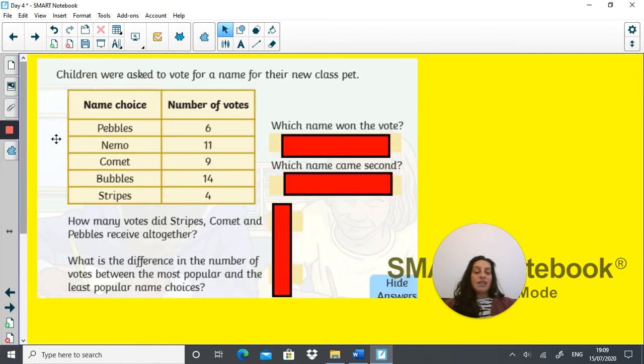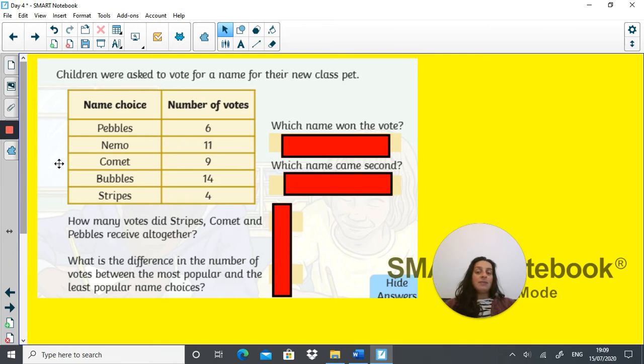And then you have this set of questions. Children were asked to vote for a name for their new class pet. The name choice was Pebbles, Nemo, Comet, Bubbles and Stripes. And these were the number of votes that were cast. The first one is, which name won the vote?